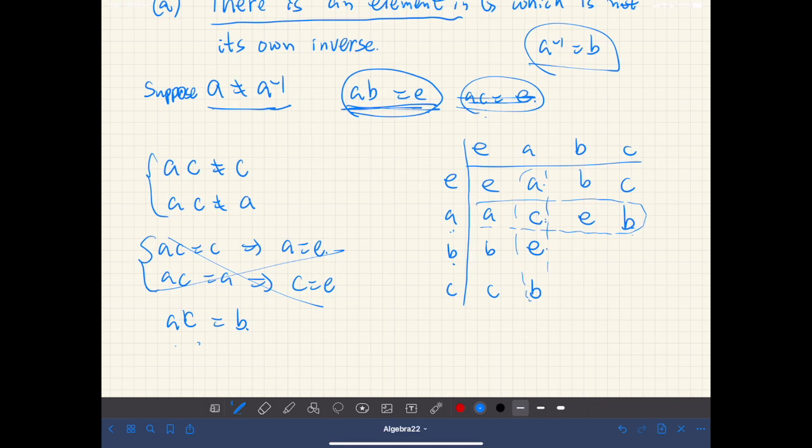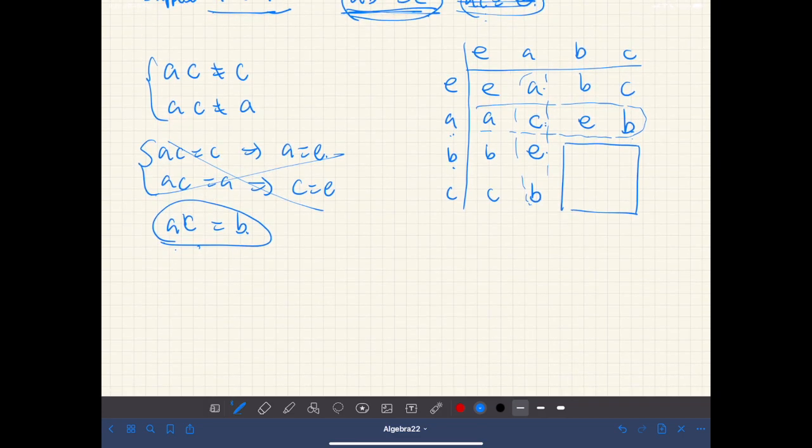Now we have this block empty, and let's see. Now we have this. So let's multiply this by B from the left.